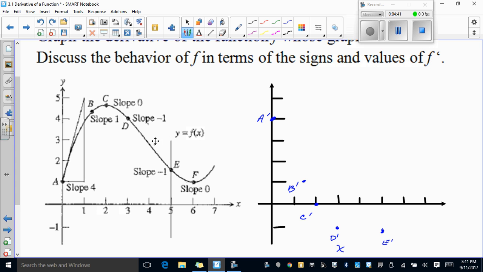And here's F prime. Now, one thing I want to point out to you is the fact that this guy does not come down and then come over and then go up. Because nowhere in here between these two, D and E, do we have a slope of 0. However, we do get to make an assumption that the slope, I'm sorry, not 0, -1, continued to be -1.